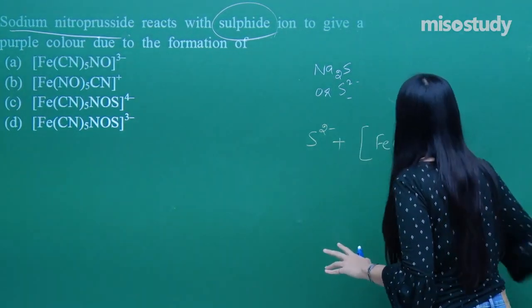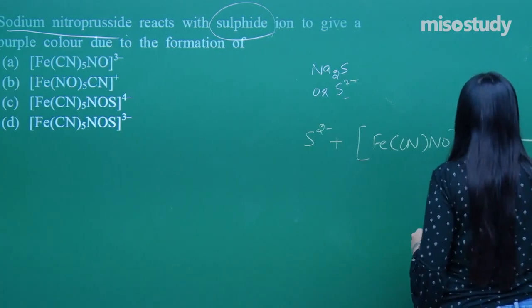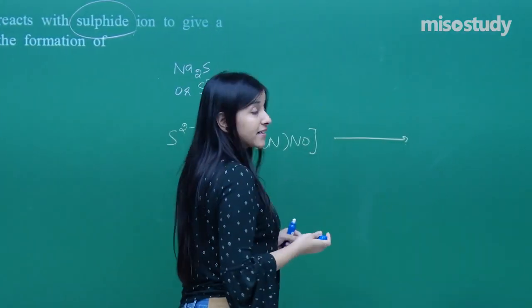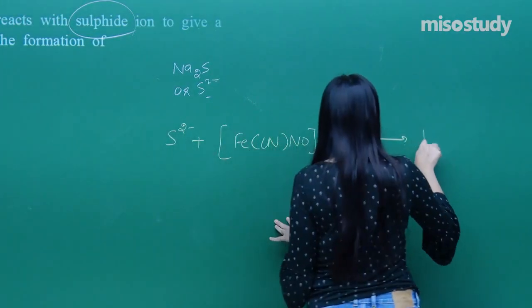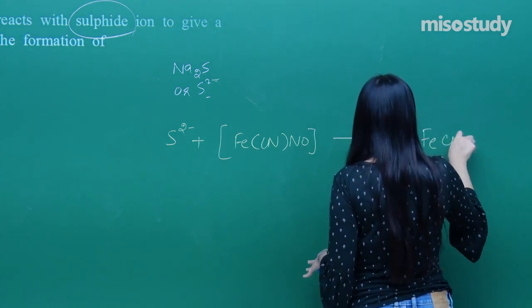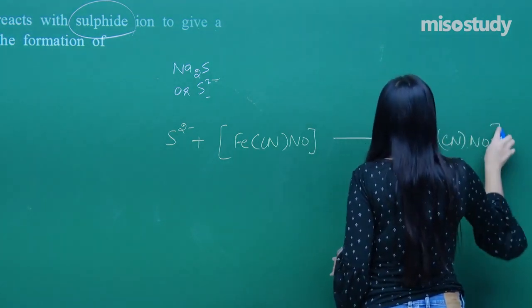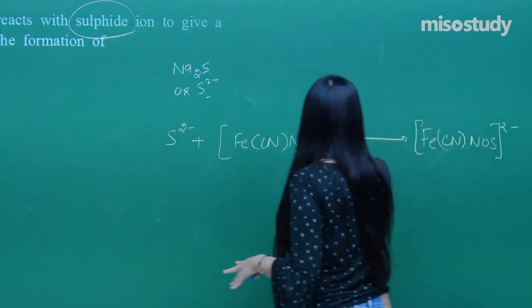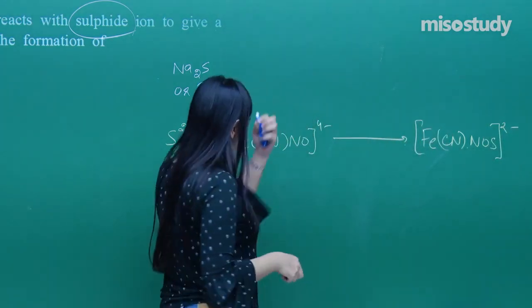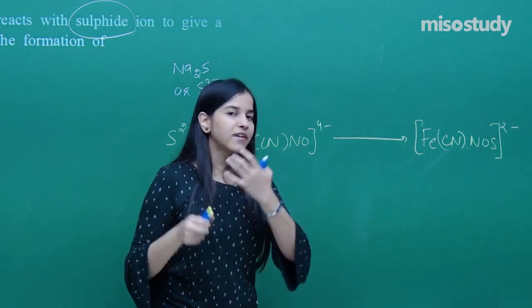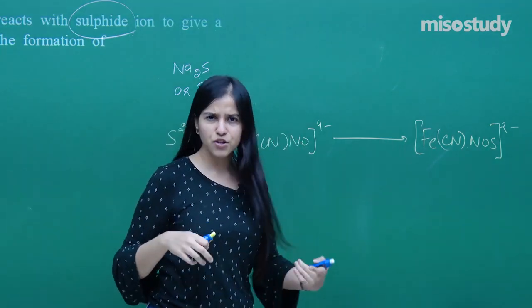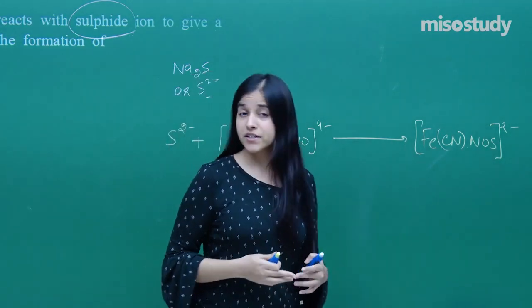So, we need a blood red coloration over here. We will be getting a blood red coloration like that. As a matter of fact, I would like to tell you over here, you must have read this in the coordination compounds as well.